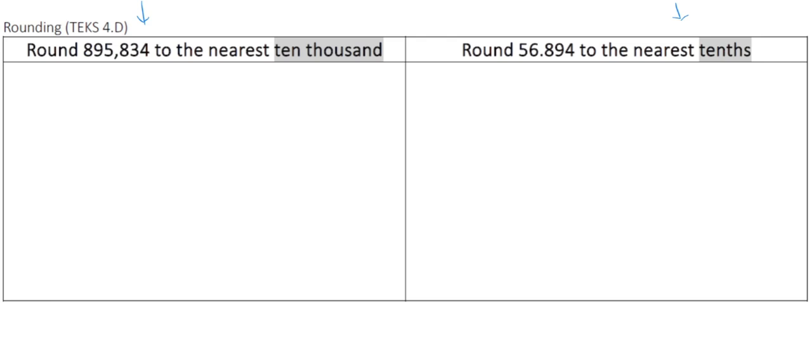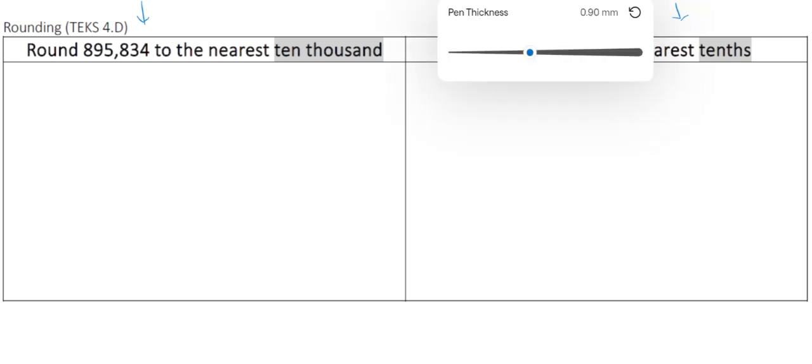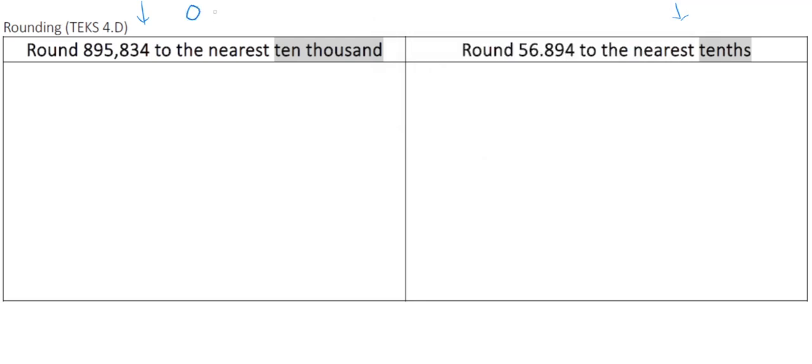One of the things that we need to remember about rounding, and this goes back to third grade, I believe, is that a number that we circle that has a 0, 1, 2, 3, or 4, those numbers stay. And I'll write stay here.